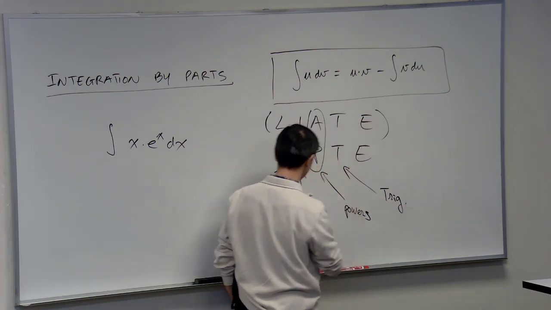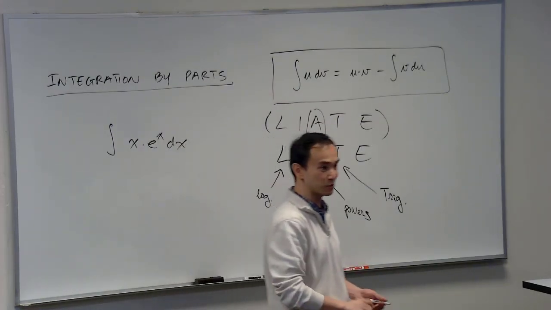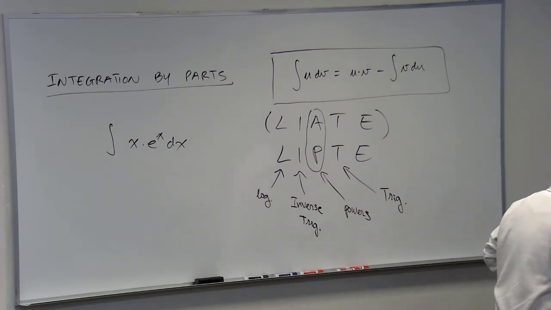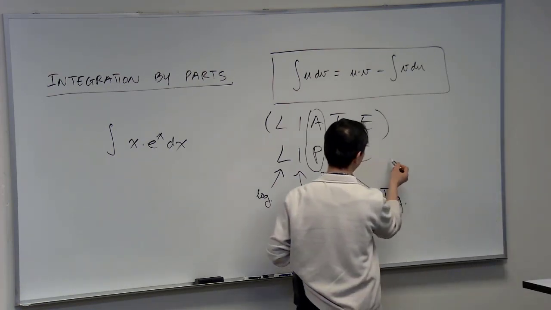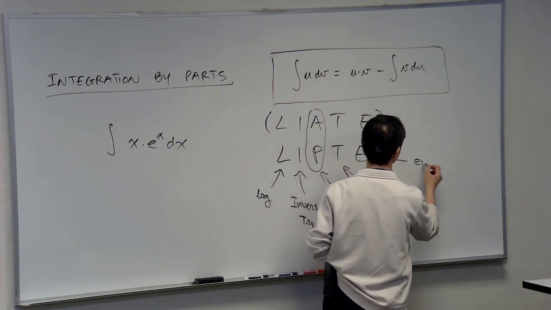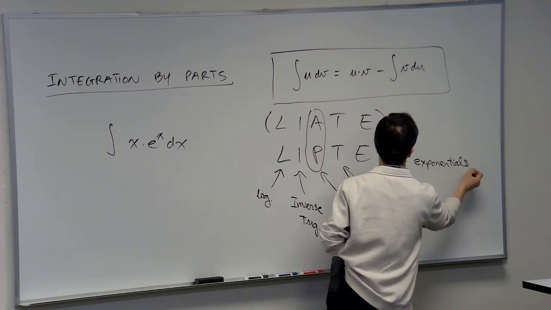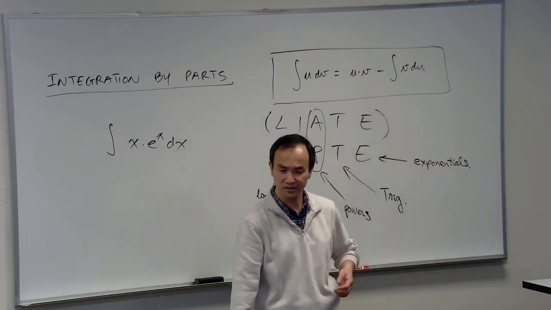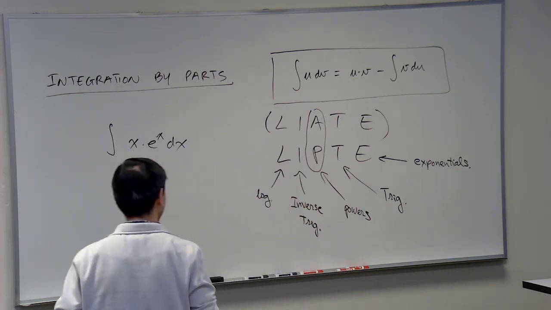These are different families of functions that you have seen throughout your pre-calculus courses. And then the last one here is the exponential, so a to the x, 2 to the x, e to the x, and all that.